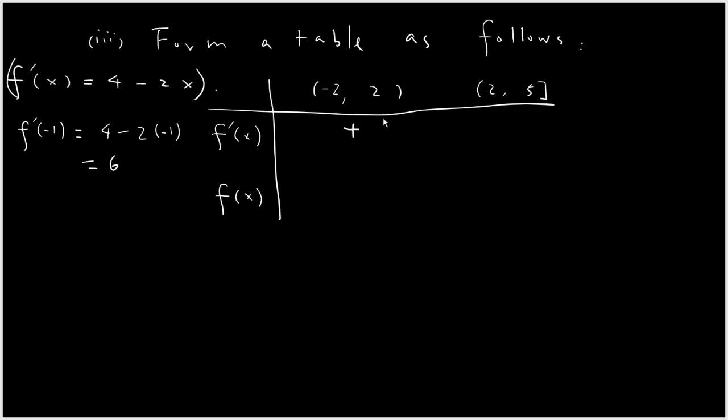By that I mean, if the derivative of the function at one number on the interval is positive, then the derivative of the function at all numbers on the interval is positive. It's always safe to use a test number to determine the sign.